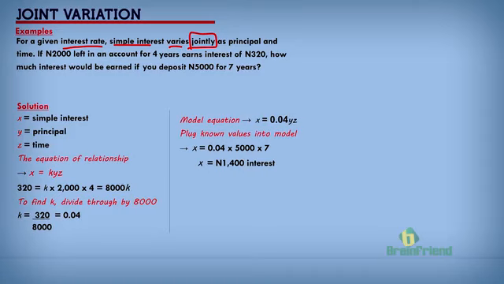Jointly, as principal and time. Principal and time, we'll have our products there. If 20,000 naira left in an account for 4 years earns interest of 320 naira, how much interest will be earned if you deposit 5,000 naira for 7 years?